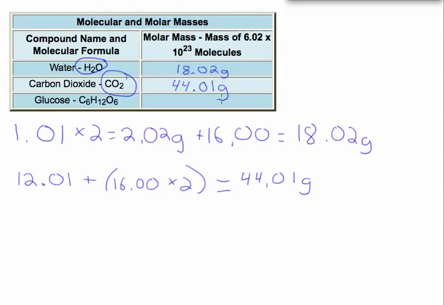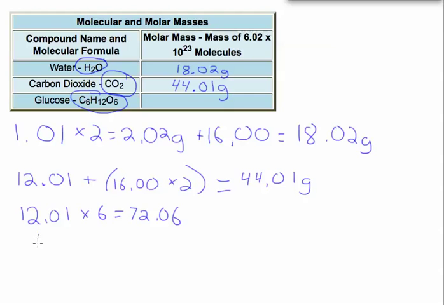Let's look at glucose. This is just sugar. For glucose, we have 6 carbons. So we have our 12.01 times 6. That gives us 72.06. We have 12 hydrogens.